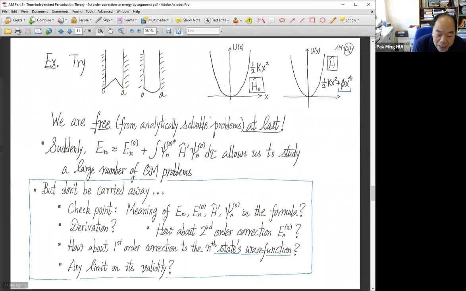Then, an important question is, is there any limitation? Will this formula run into trouble? Okay. Again, we have to go through the derivation and see at which point this result will be dangerous to apply, okay?